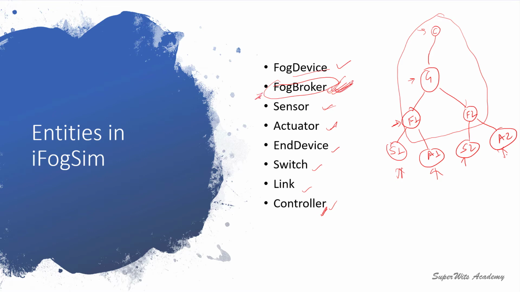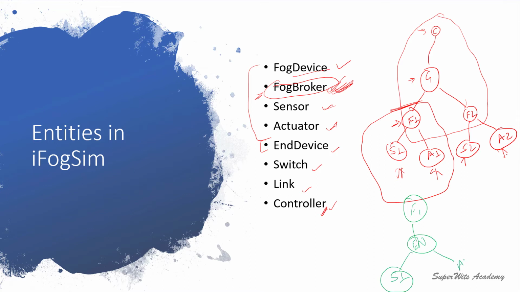So the fog broker is responsible for managing all that scheduling and allocation, right? So these four are very frequently used. End devices are something else. Let's say, if I want to redesign this particular set, I might have a variation. Immediately after F1, we may have an end node, and this end node is further connected to S1 and A1, right?